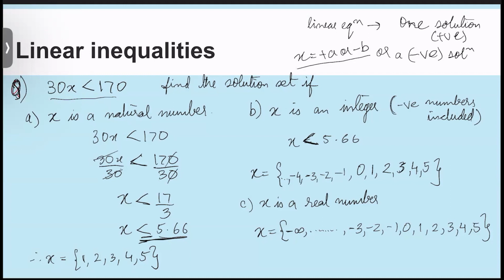You can also have a double inequality where you have double limits set. In that case, you will have only a certain range of x values. Maybe later on we'll see some examples of those also.